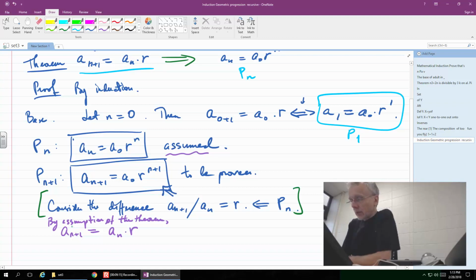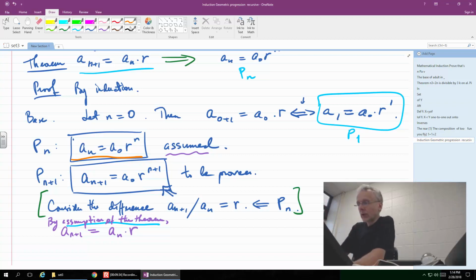Okay, so that's what I'm doing. By assumption of the theorem, An plus 1 is equal to An times R, and then I'm using the assumption of the induction. I substitute An into An plus 1.